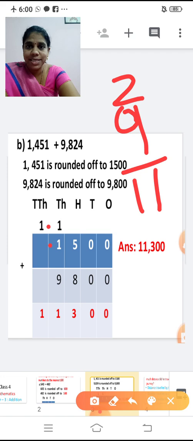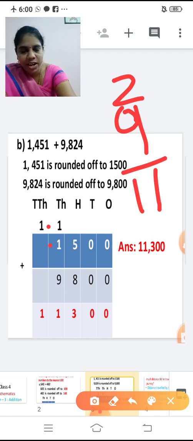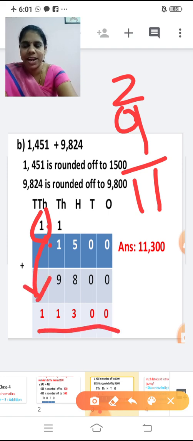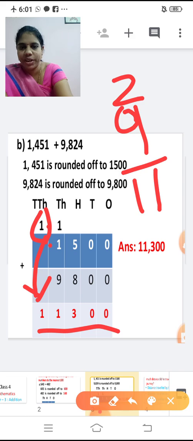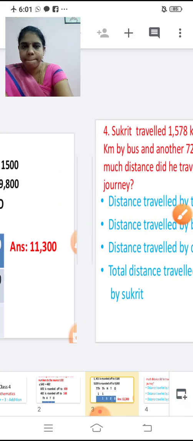Is there any number to add in the next place? That is the 10,000 place, right? There is no number to add, so write the number directly. So the answer is 11,300. First round off the number to the nearest 100, and after that add. Answer is 11,300.